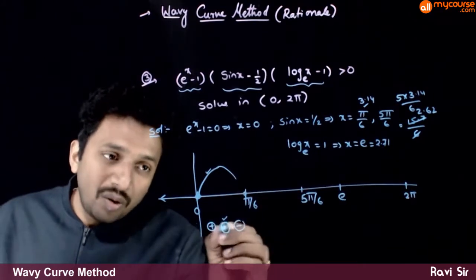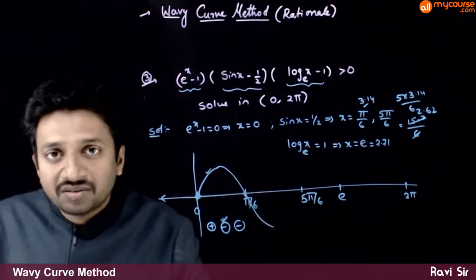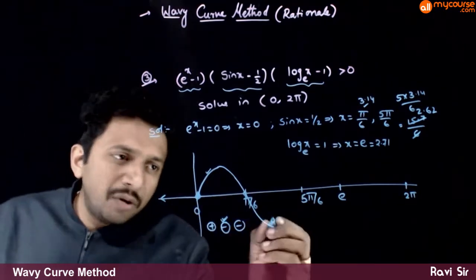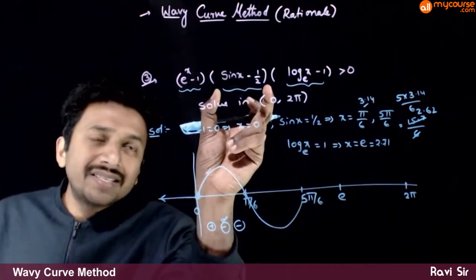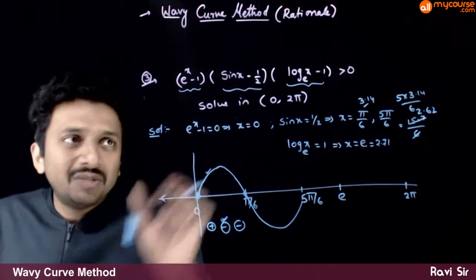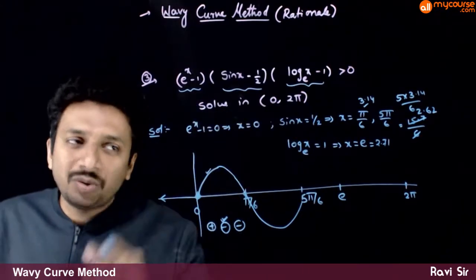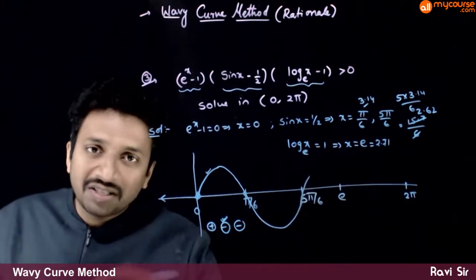Hence only one expression is changing sign, and the sign of the overall expression changes. Now as we go further, at x is equal to 5 pi by 6, again only the sign of sin x minus half changes. The other two signs do not change because these are not their critical values. So the effective sign changes.